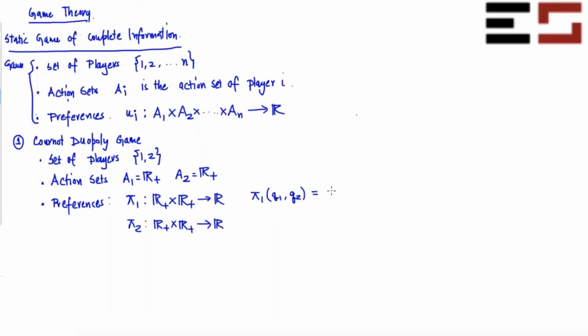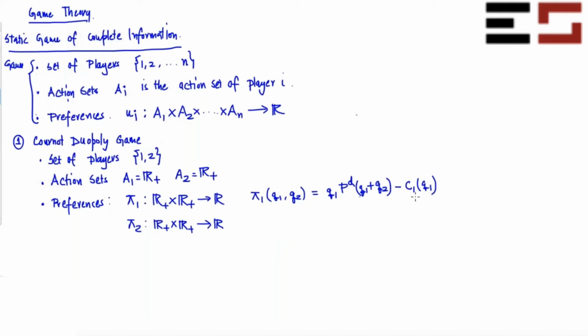So how do you write that? q1 times the price at which q1 plus q2 is sold, that's the total revenue, minus the cost. This is the profit of firm 1.